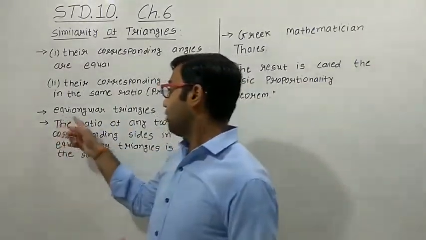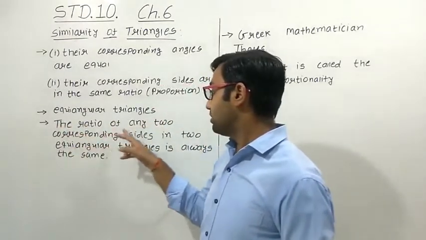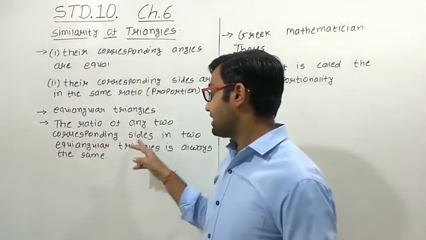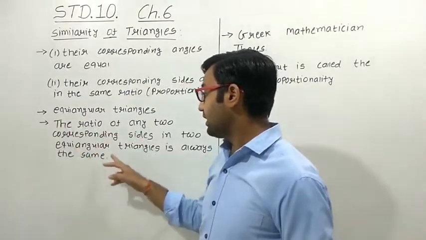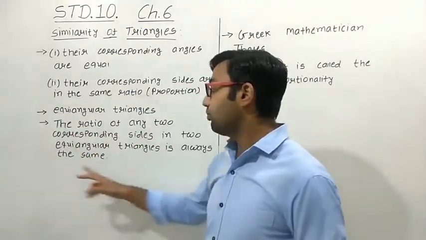According to that, the ratio of any two corresponding sides in two equiangular triangles is always the same. This concept was observed by the Greek mathematician Thales. So the very first condition is that the corresponding angles are equal; if so, the ratio of corresponding sides in the two equiangular triangles is always the same.